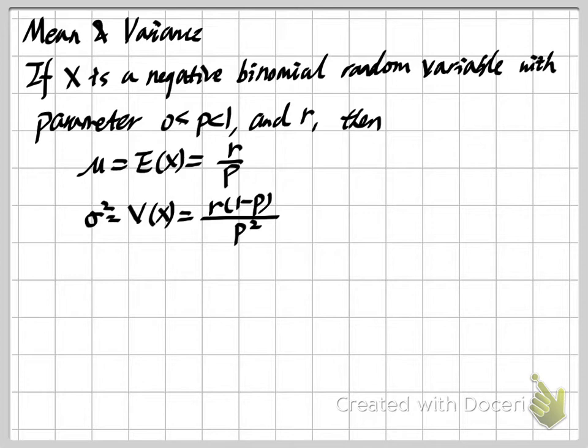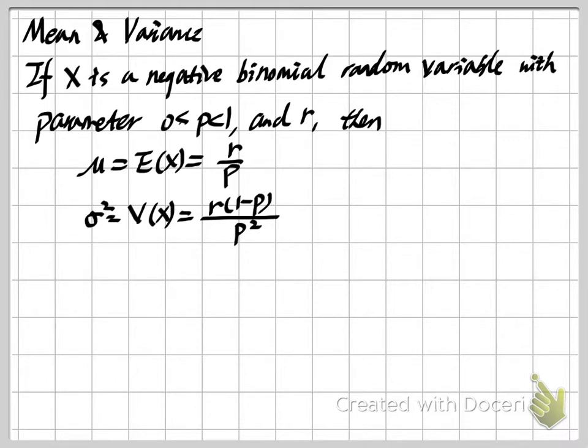These two formulas are actually computed from the definitions of mean and variance. The mean is a weighted average of all the possible values of our random variable, and the variance describes the spread of our possible values.